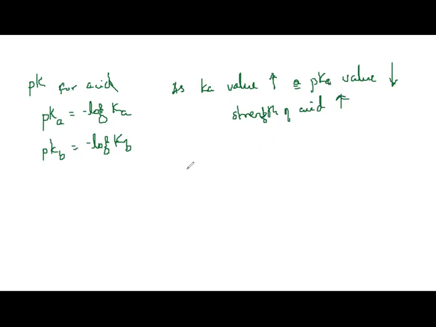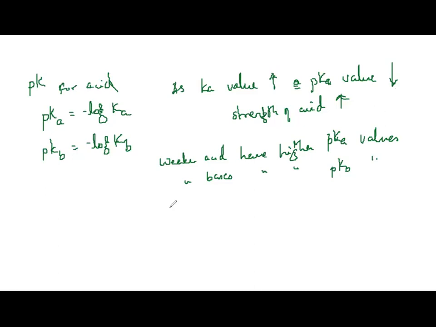So weaker acids have what? They have higher pKa values. Correct? Similarly, weaker bases have higher pKb values. So as Ka value increases or pKa value decreases, the strength of acids increases.